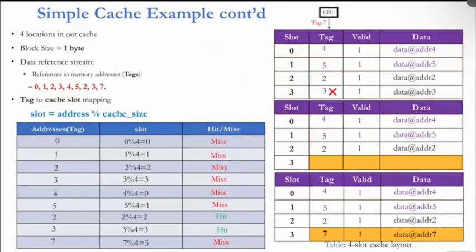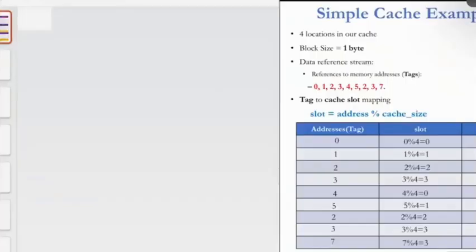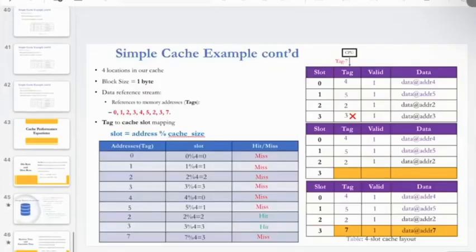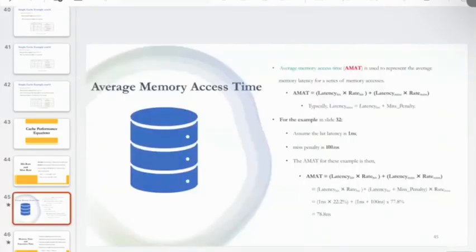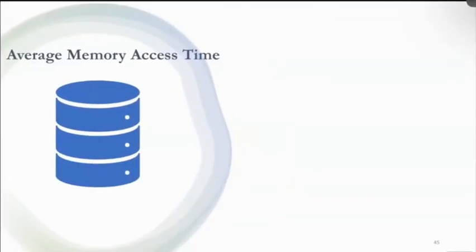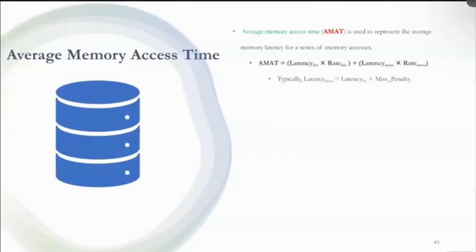To compute that, let me quickly show you the performance equation here. The average memory access time for hit and miss is computed as the hit latency, when there is a hit, it is accessed from the cache, times the hit rate, plus the miss latency times the miss rate.